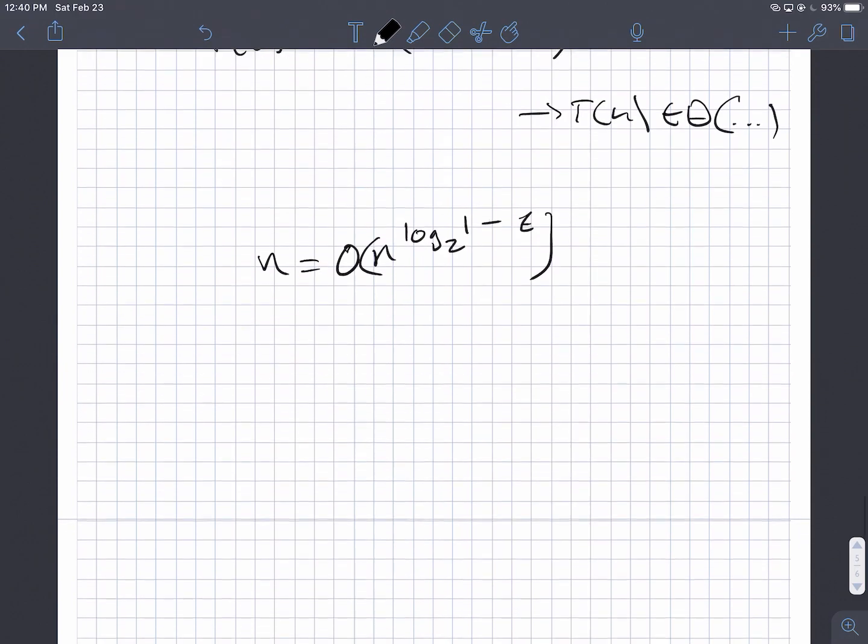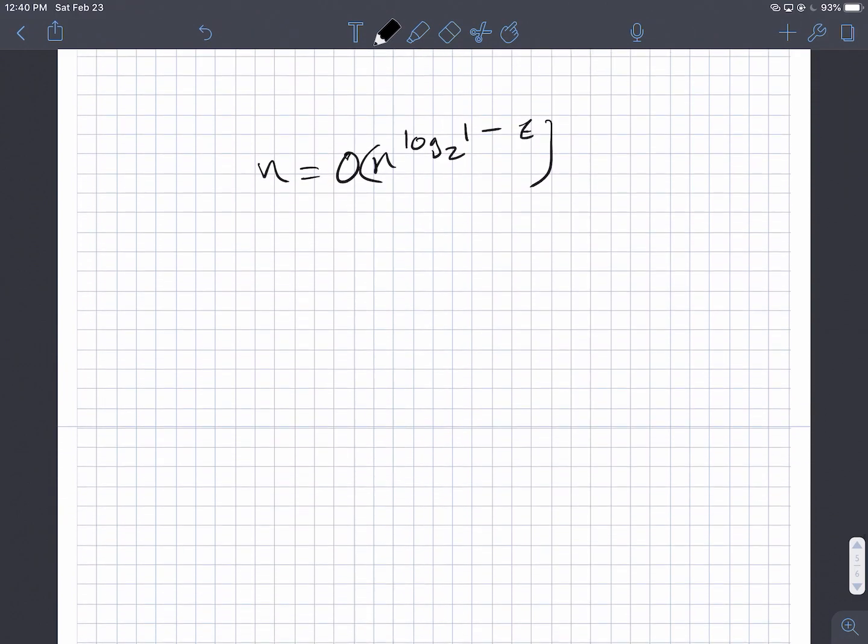So now we examine case 2. Case 2 asks, is n a member of big theta of n to the log base b, in this case b is 2, of 1, times the natural log of n raised to some k?